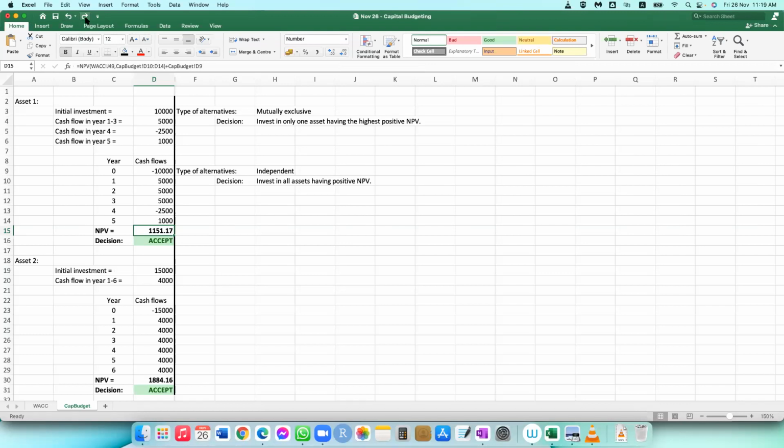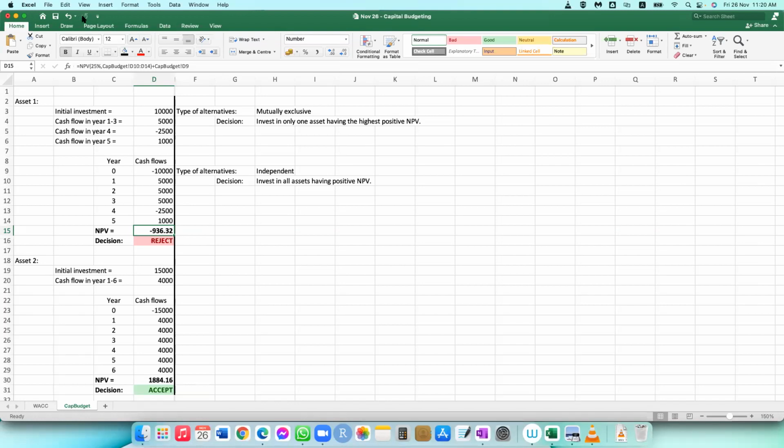When I increase the discount rate to 15%, it becomes 400 only. When we further increase to 25%, it becomes negative. So can I say that there must be a discount rate between 15% and 25% at which the NPV is zero?